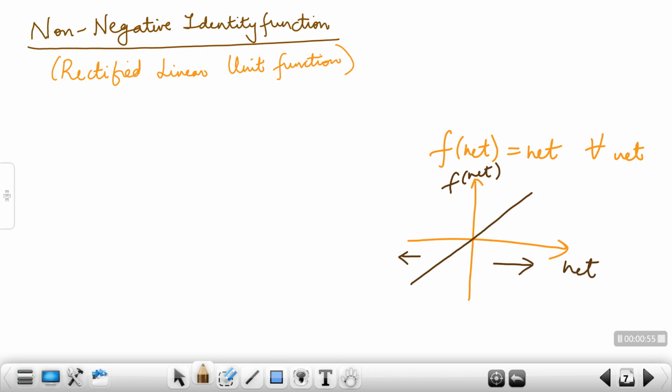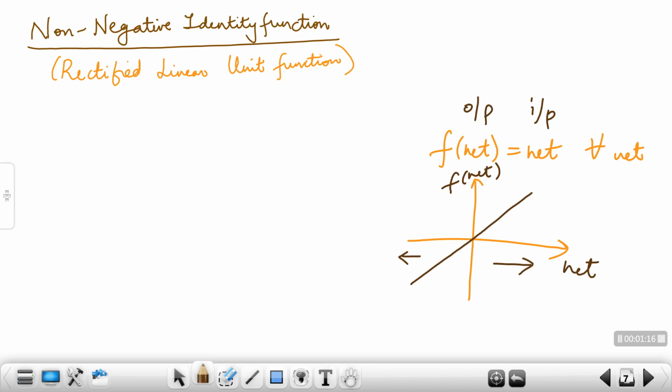It is an identity function because output is equal to input. Input is nothing but net, whatever is being presented to the neuron. So there is no real activation involved here. But now it has to act as an identity function only for non-negative values.